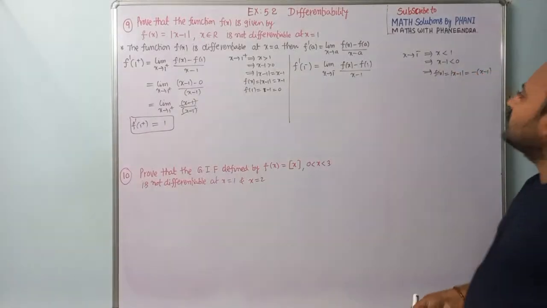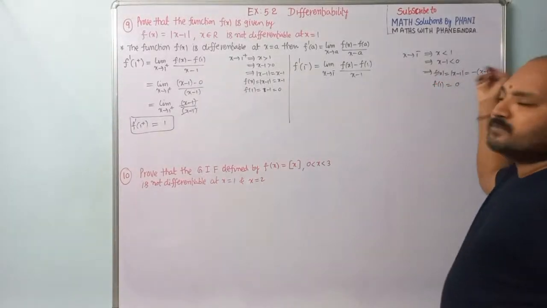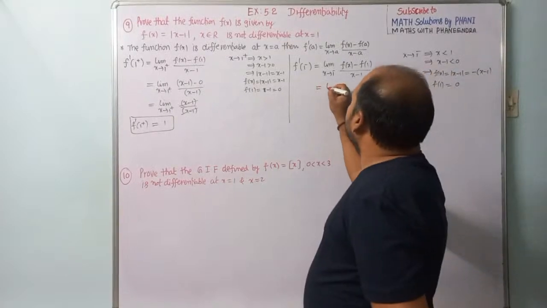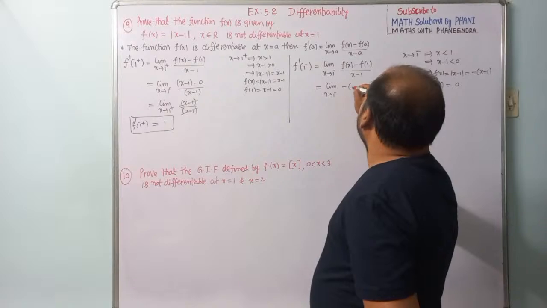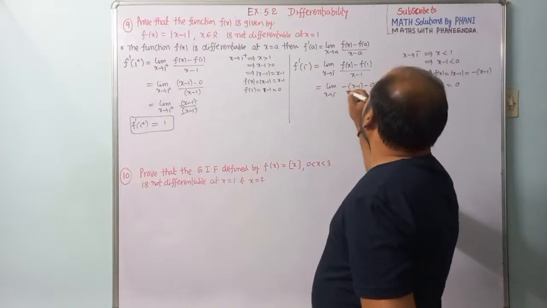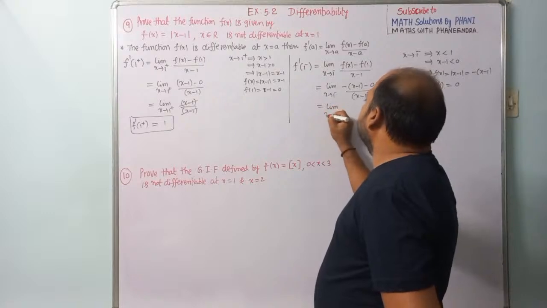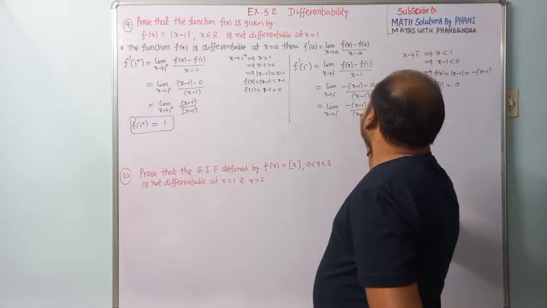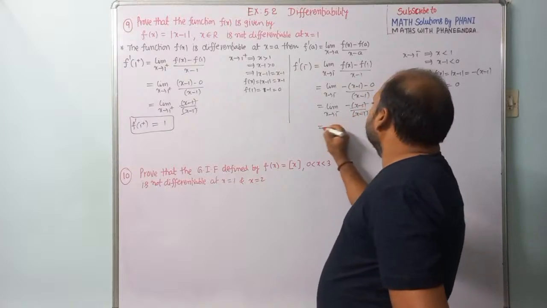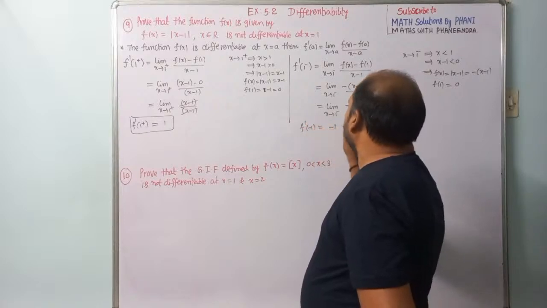I hope you understand, dear students. Even here f of 1 equal to 0. So it is equal to limit x tends to 1 minus, f of x value is minus of x minus 1 minus 0 divided by x minus 1. So limit x tends to 1 minus of minus of x minus 1 divided by x minus 1. The limit of a constant is constant, minus 1, so f dash of 1 minus is minus 1.